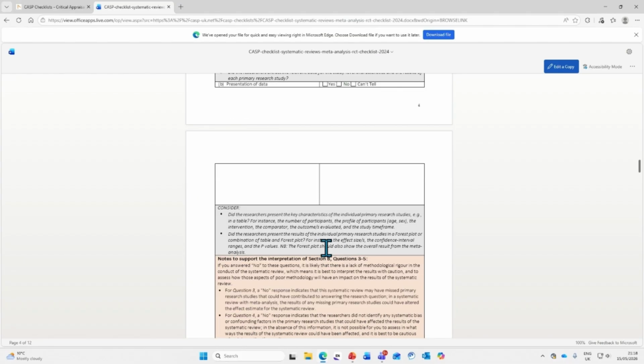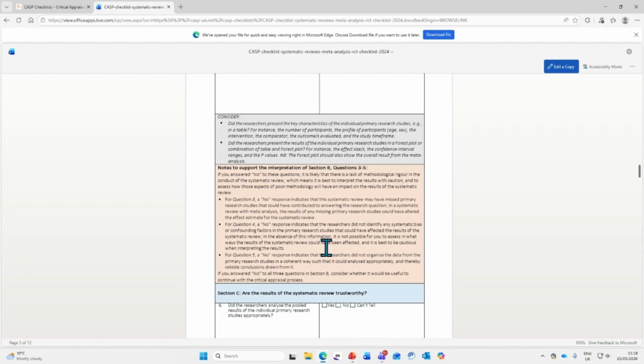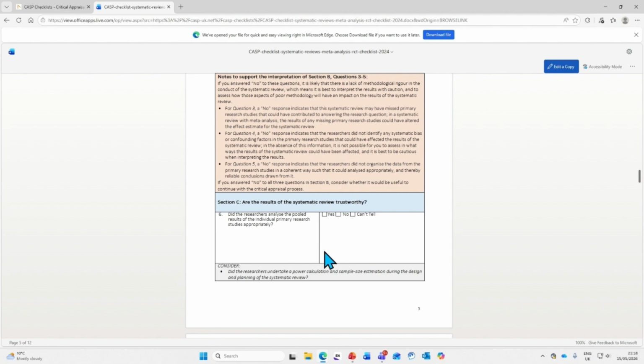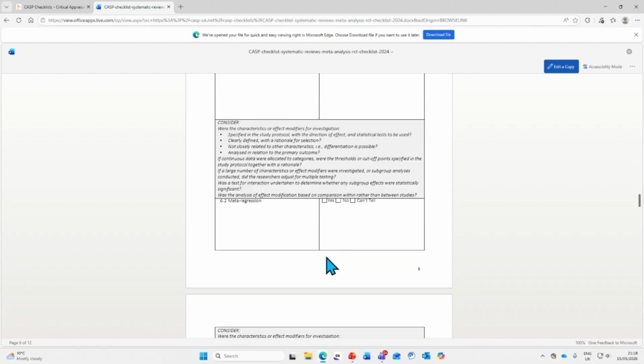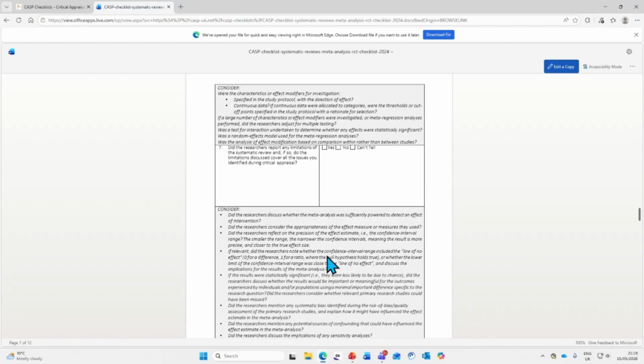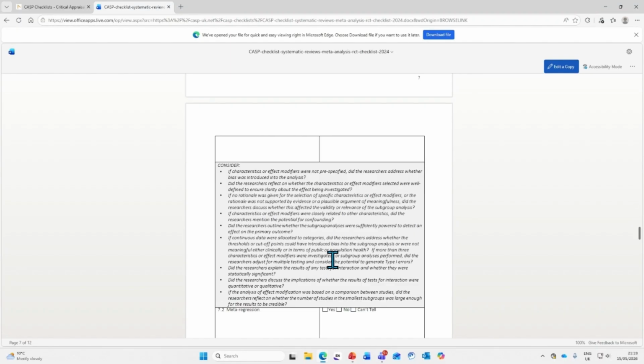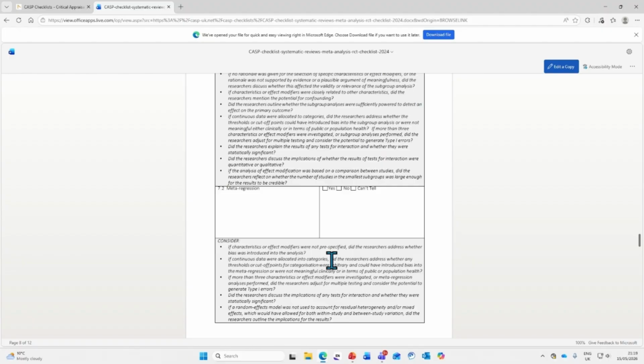For the yes, when you look at the paper and you have sufficient information answering the prompt questions, then you're able to select the yes option. Otherwise, you have to select the no option. And the can't tell option is when you do not have sufficient information to be able to answer the question.